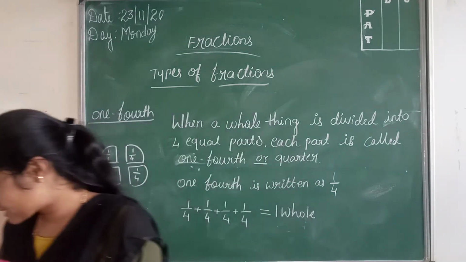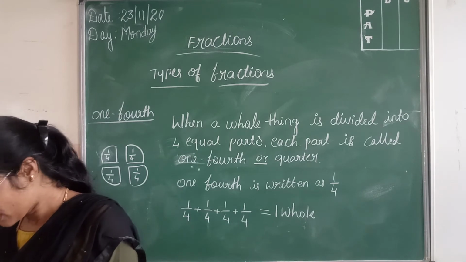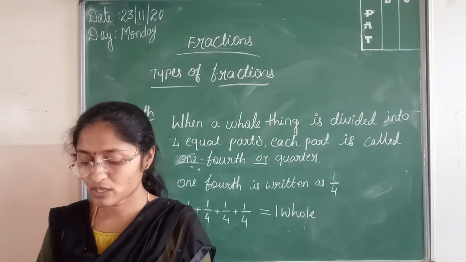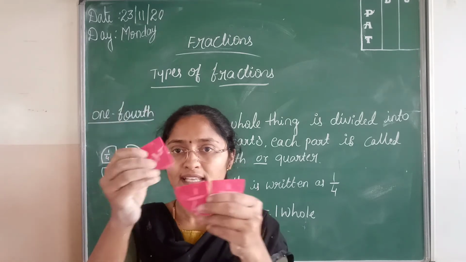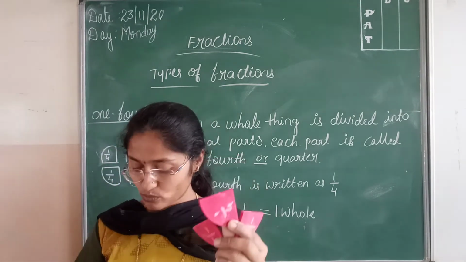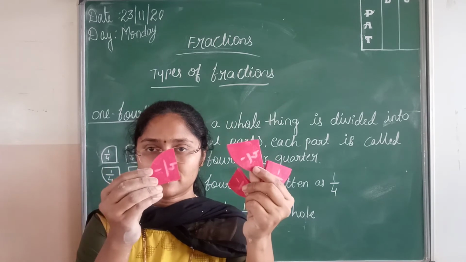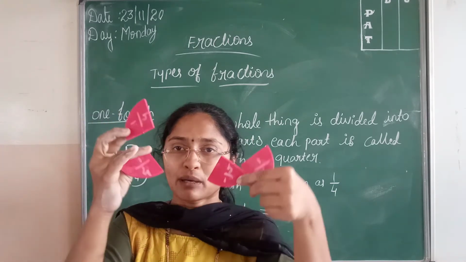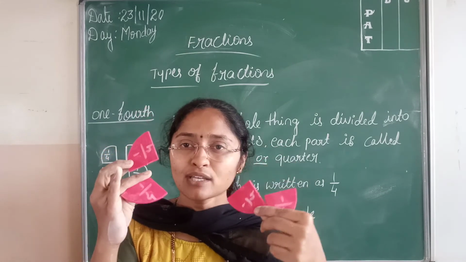See another example. I will remove it and show you, then you will understand. Before, it was a 1 whole. Now we have 1/4 pieces of 1 whole. I have divided it into 4 equal pieces. That is 1/4.